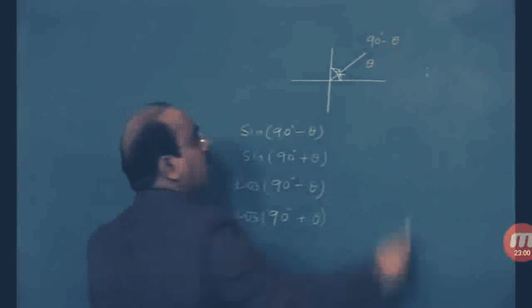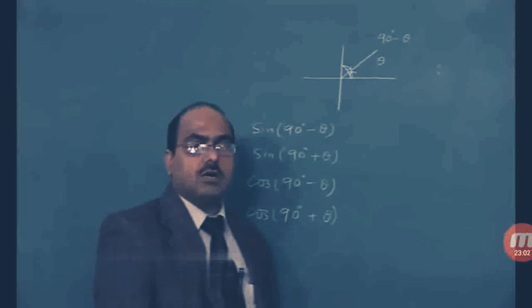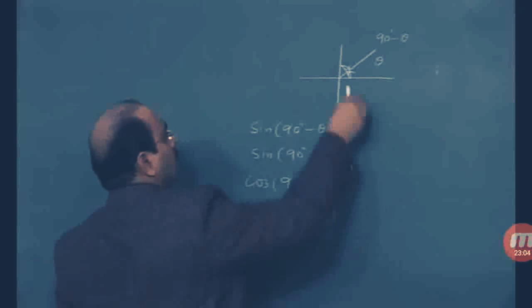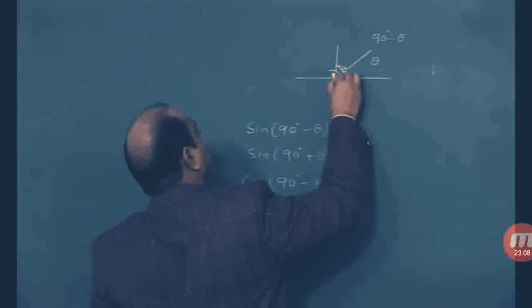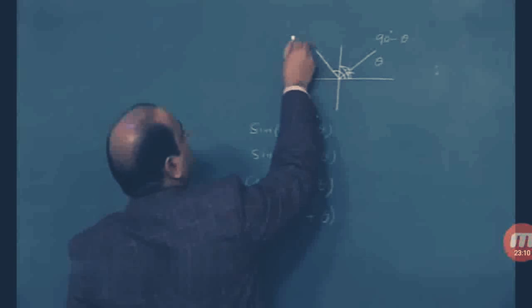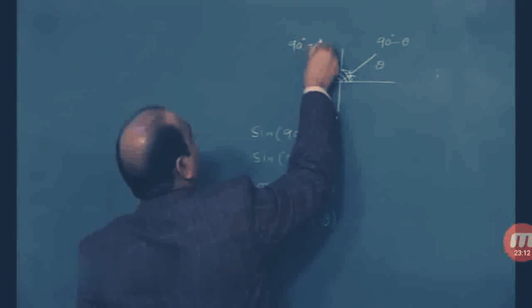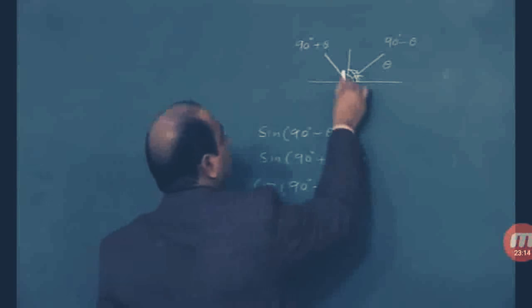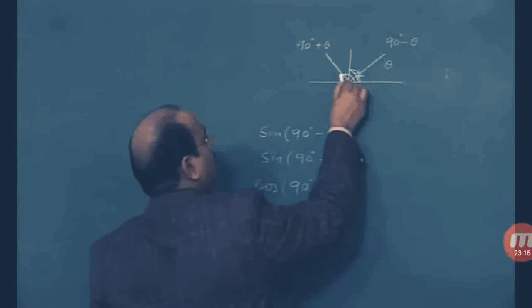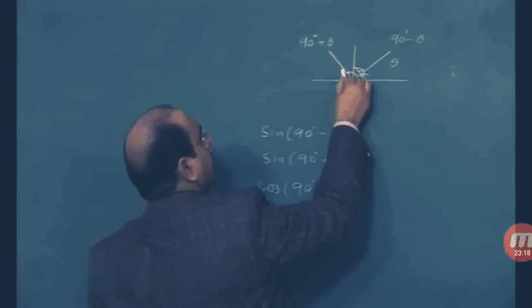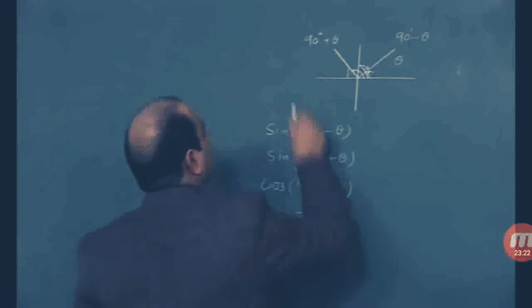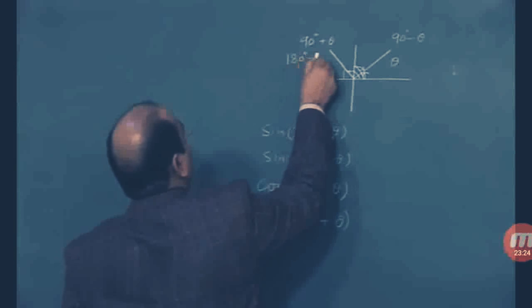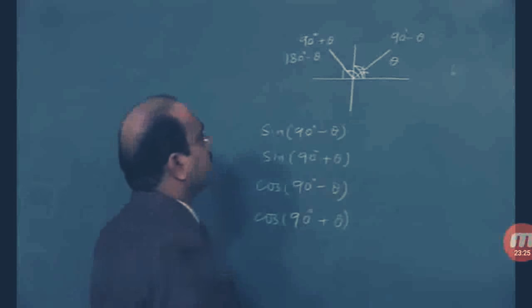So the angle in first quadrant will be written as theta or 90 minus theta. On the same pattern, if we go beyond 90, then we get the angle 90 plus something, that is 90 plus theta. And similarly, if we move up to 180 and then come back, then this angle will be 180 minus theta. So the angle in second quadrant can also be written as 180 minus theta.